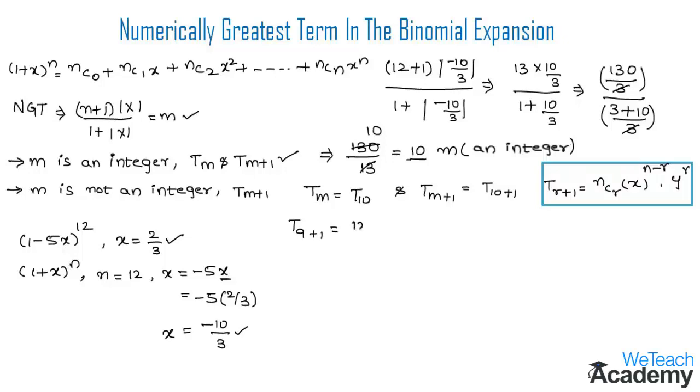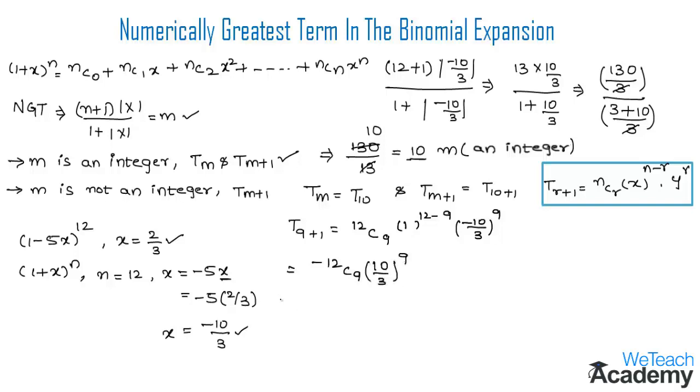So we get 12C9 into the value of x, which is 1, whole power n - r, which is 12 - 9. And we have the value of y as x, which is -10/3, whole power 9. So this would come as -12C9 into 1 whole power 12 - 9, which is 1, into (10/3)^9.